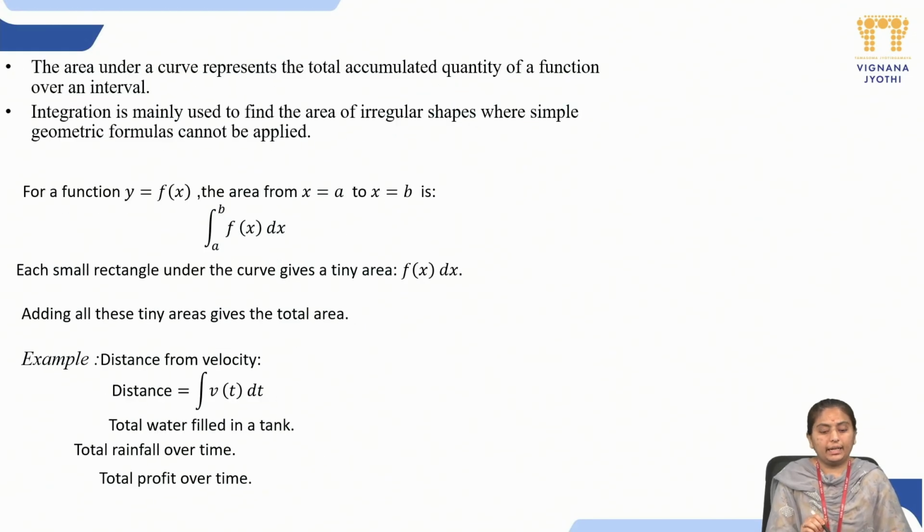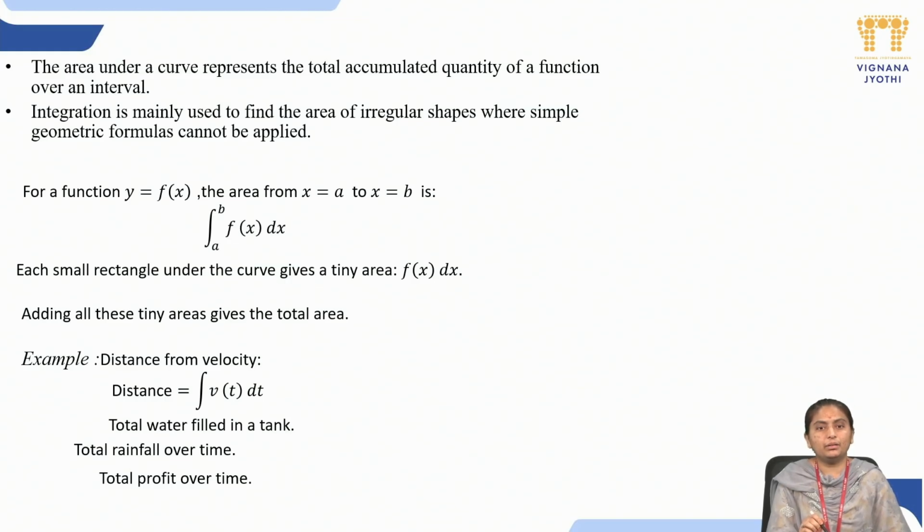Next, coming to the integration concept, the area under a curve represents the total accumulated quantity of a function over an interval. Integration is mainly used to find the area of irregular shapes where simple geometric formulas cannot be applied.